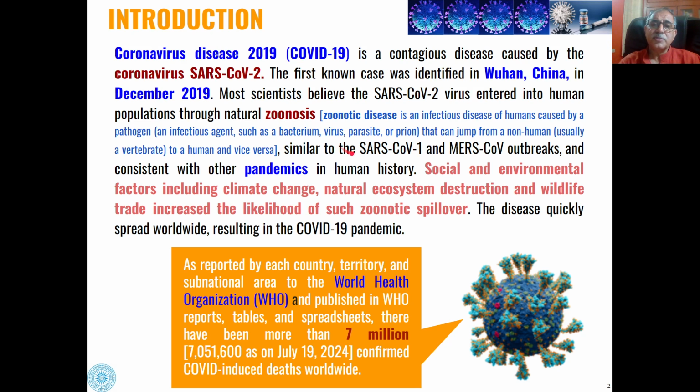Zoonosis is basically a disease where the infection of humans is caused by a pathogen, and that pathogen may be infectious agents such as bacterium, virus, parasite, or prion. And this infectious disease can jump from humans to non-humans and from non-humans to humans.